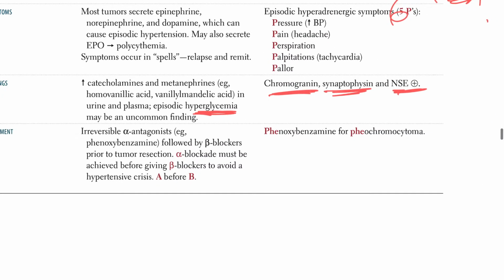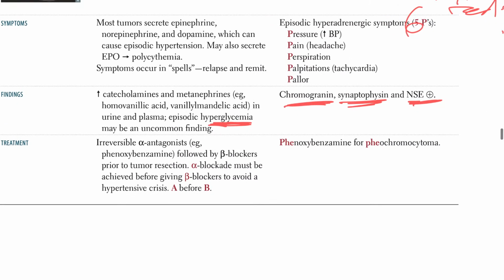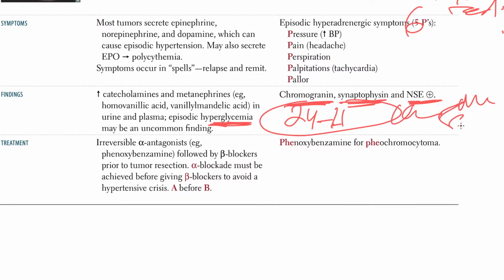You can screen for this by doing a 24 hour assay for urinary metanephrines and catecholamines. So again, 24 hour urine metanephrines and catecholamines can be checked for screening purposes.